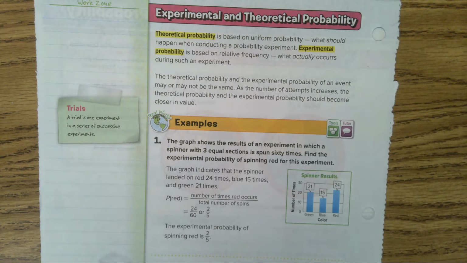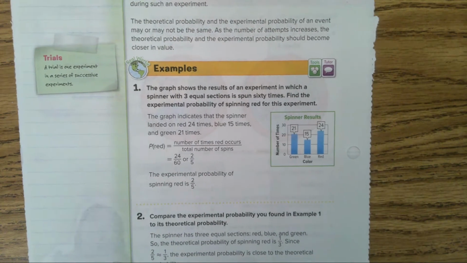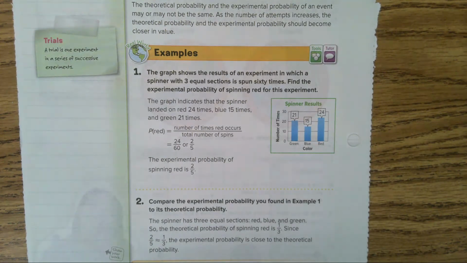Now, let's look at example number 1. The graph shows the result of an experiment in which a spinner with 3 equal sections is spun 60 times. Find the experimental probability of spinning red for this experiment. Let's listen carefully so you know the difference between experimental and theoretical.